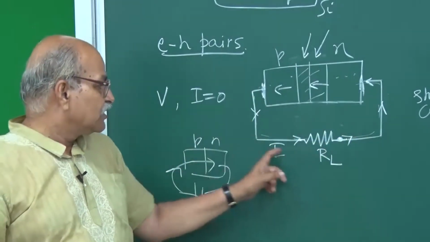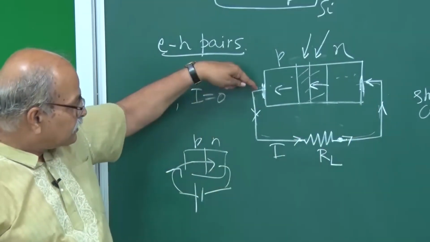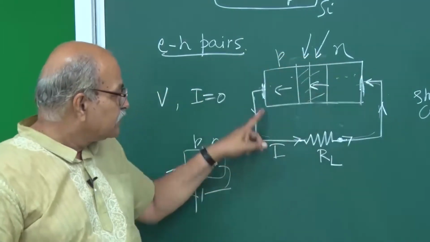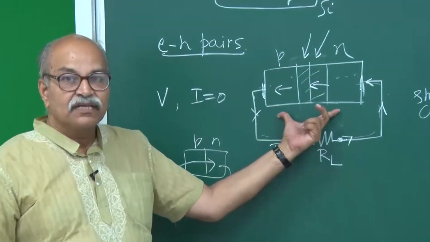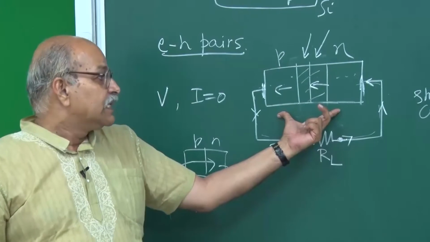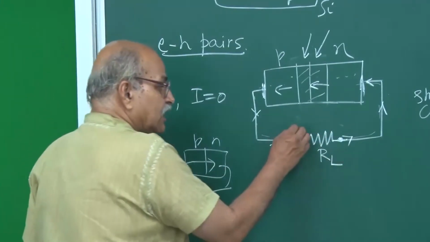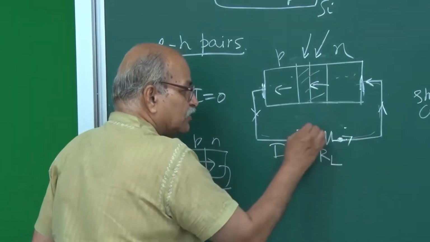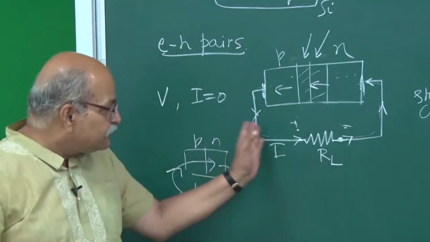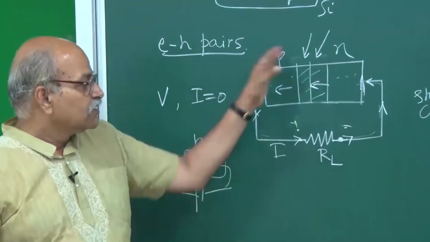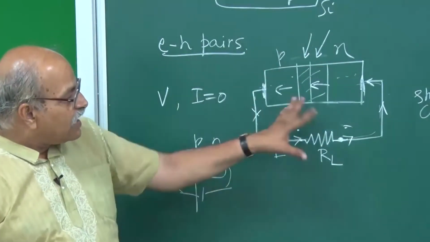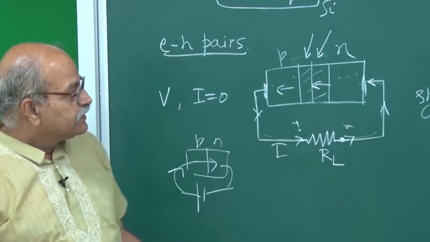And since the current is going this way, you will have a larger potential here, smaller potential here. So you have a potential difference on this p-n junction, as if you have given a forward biasing. This is the higher potential side and this is the lower potential side. So as if you are giving some kind of a forward potential, and because of that the current will be changed.